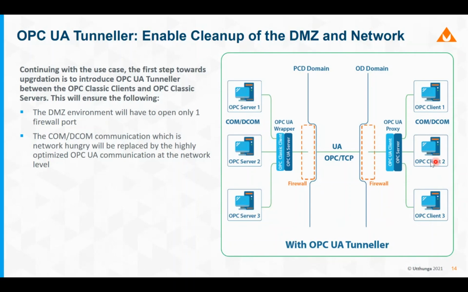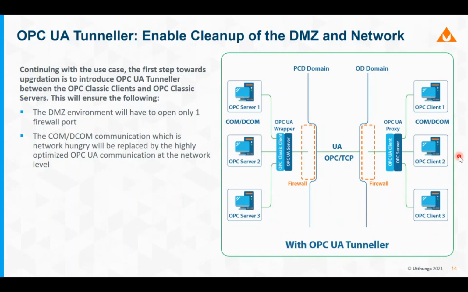I have an OPC Classic client running on the other side of a domain. How do I connect both of them across the firewall without opening COM/DCOM ports or without compromising my firewall, without opening all those permissions? If this is the problem statement that you are getting, your answer is use the tunneler.